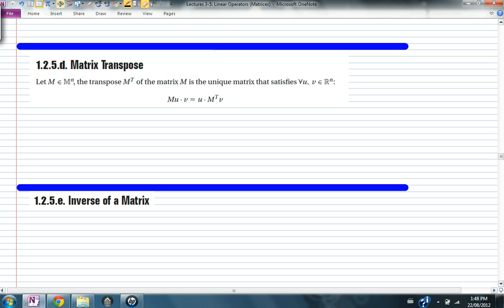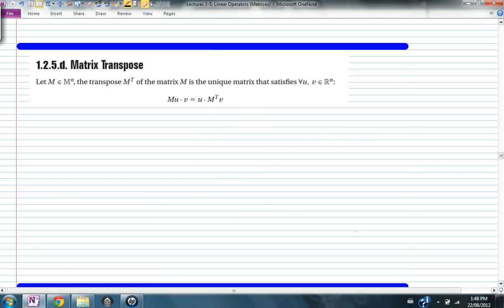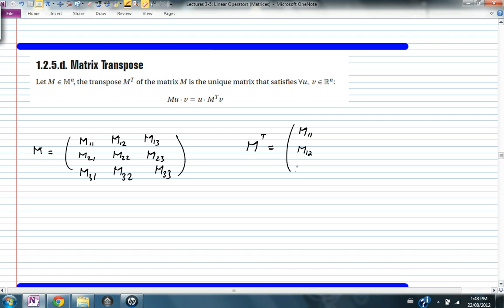In the previous courses where you studied the transpose of a matrix, you were given a matrix with certain rows, and the transpose of a matrix was defined as simply take the row and make it a column, and so this becomes the transpose of your matrix. This definition still applies, of course.